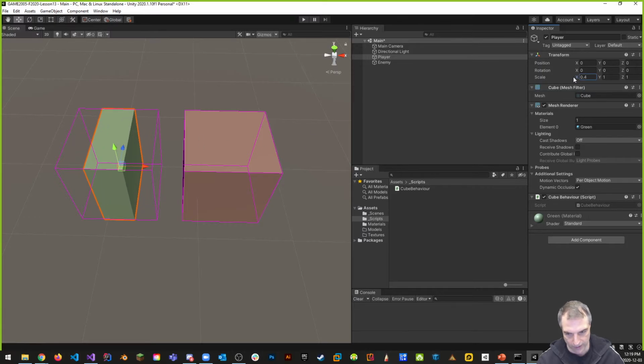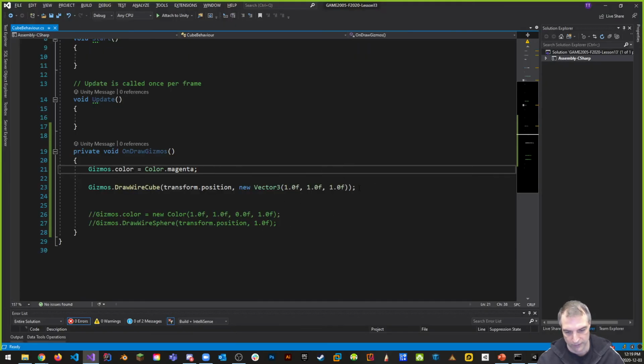And you can see that my gizmo is showing a cube that's outside of my area, right? Why? Because I've changed my scale. What we want is, if I rescale my cube, I want the gizmo to match my scale.